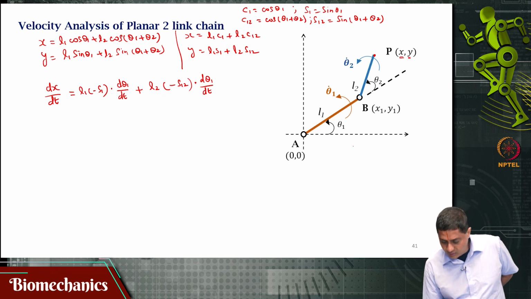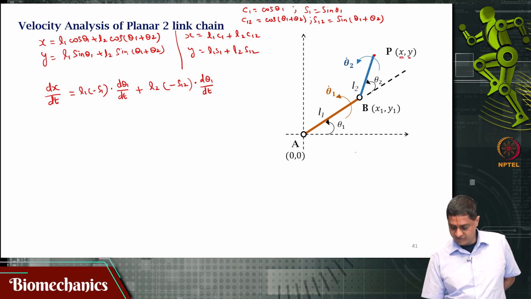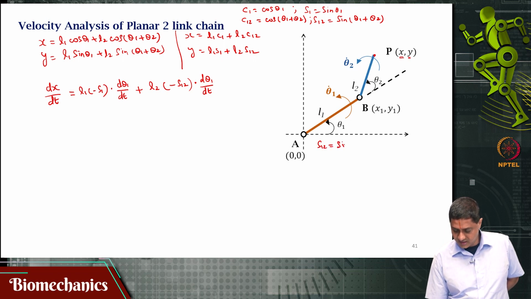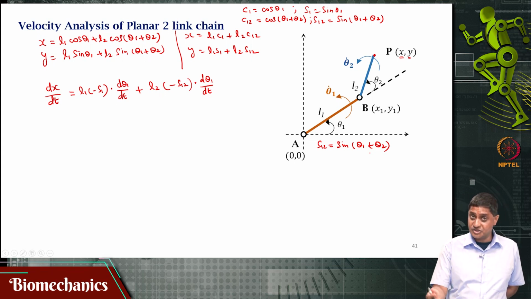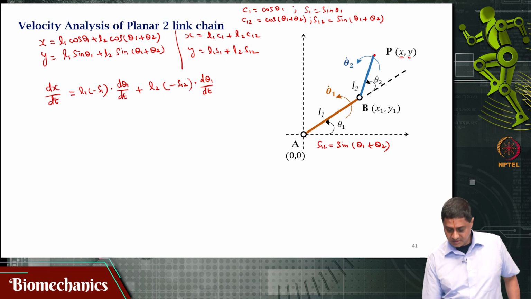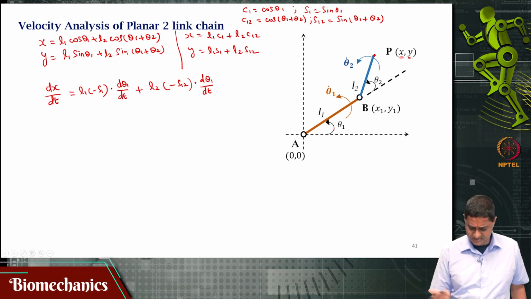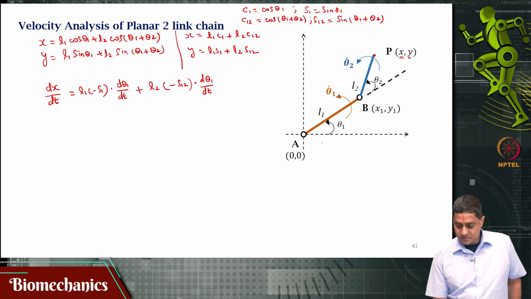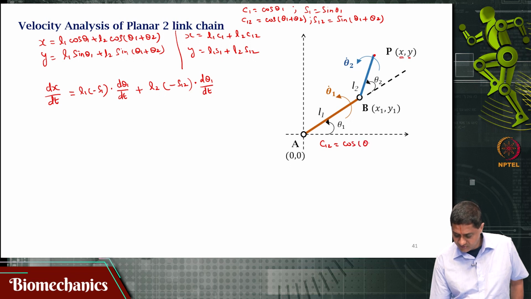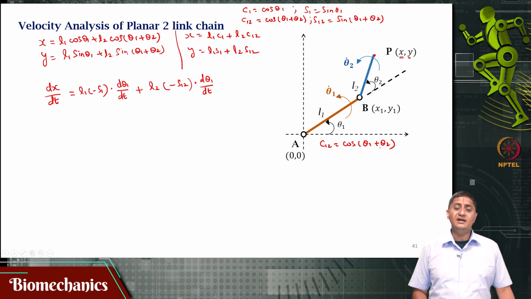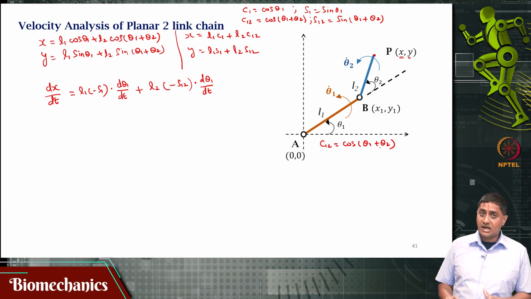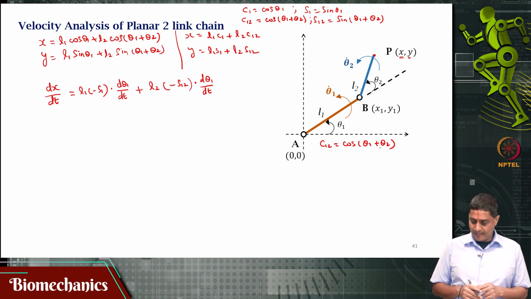Now, S12 is sine of theta 1 plus theta 2. Let us consider C12, which is cos of theta 1 plus theta 2. Considering that both theta 1 and theta 2 are changing, and I am interested in differentiating with respect to all thetas, since they are all changing with respect to time.